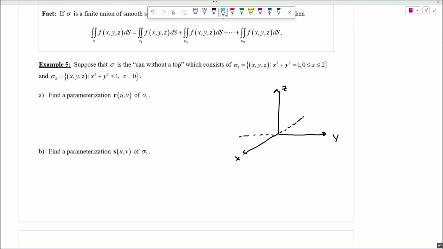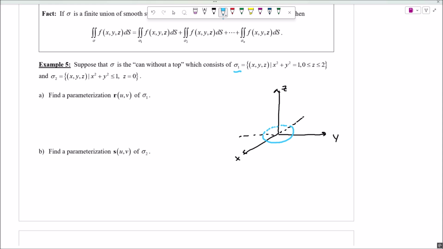I'm going to take a look at sigma 1 first. Sigma 1 is given by a set of points determined by the following equations. Note that I start with a circle, x squared plus y squared equals 1. I can give a rough sketch of that in the xy plane, but I don't just draw it at the z coordinate of 0.